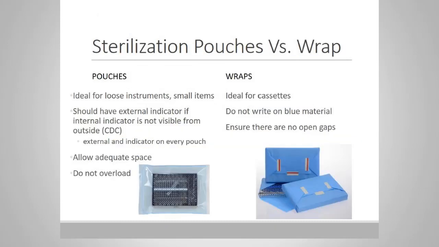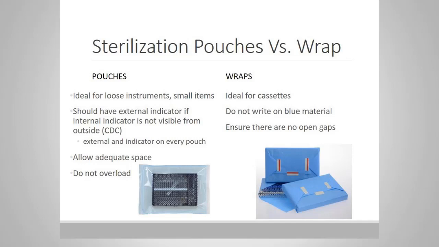Now, sterilization wraps can include pouches or wraps, and pouches are ideal for loose instruments, small items. As mentioned, there should be an external indicator if the internal indicator is not visible from the outside. There should be adequate space within the pouch, and don't overload the pouch.